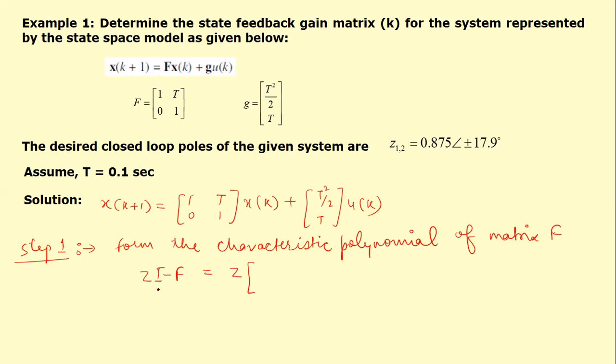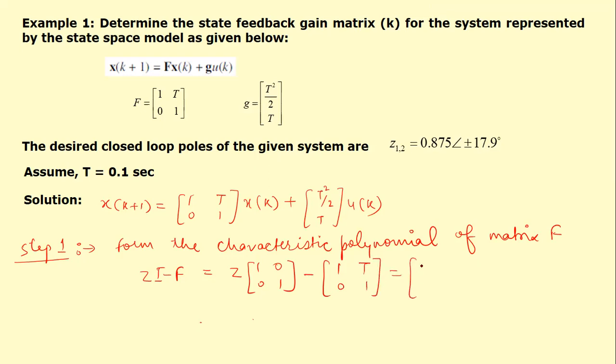I is the identity or unit matrix, so it is [1 0; 0 1], and then F is [1 T; 0 1].